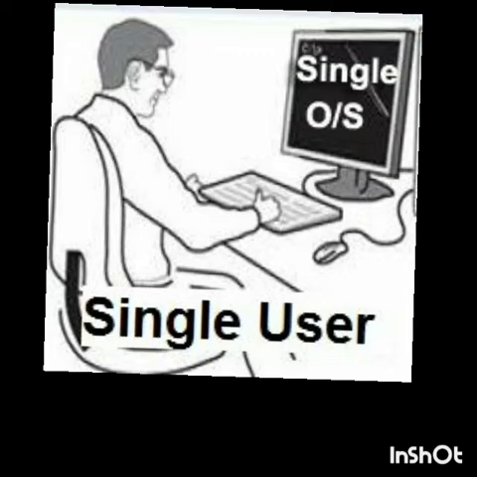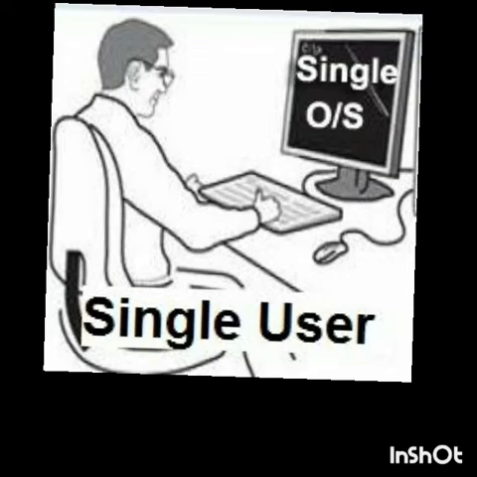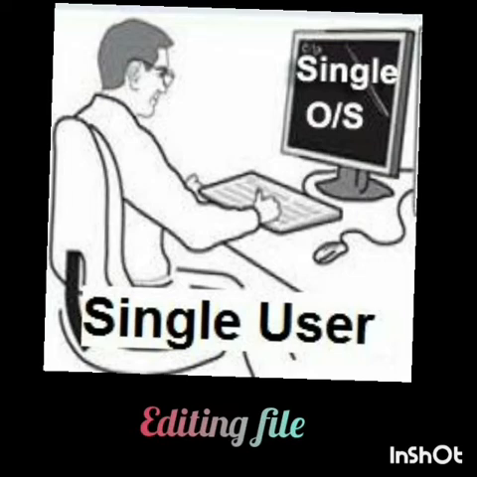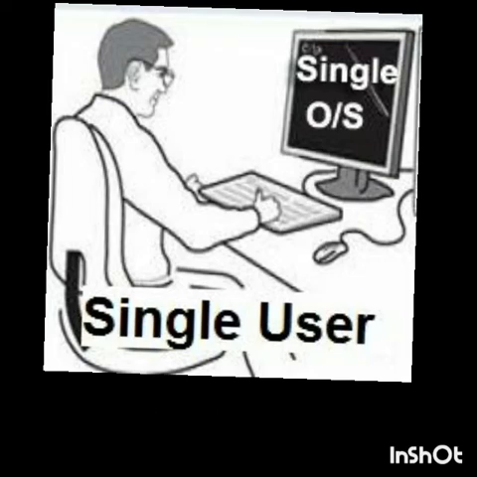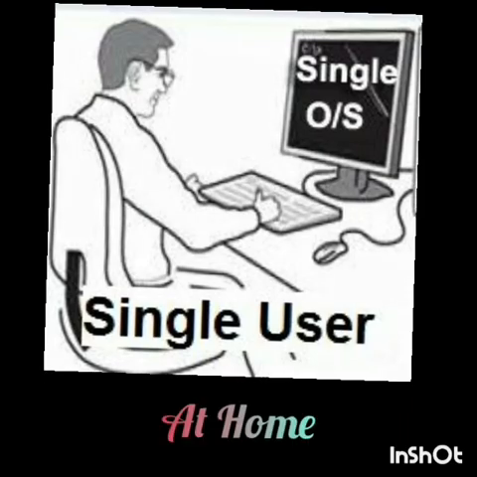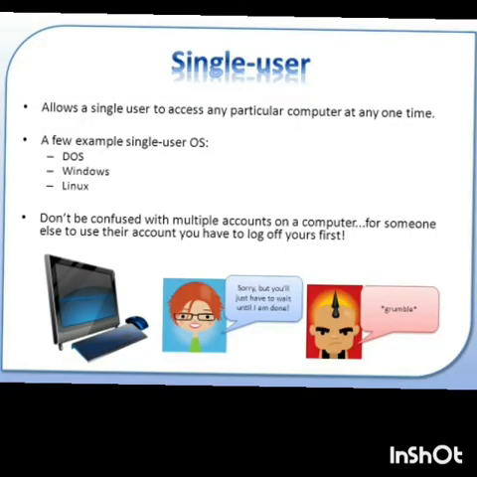For a user, a task is a function such as printing a document, writing a file, editing a file or downloading a file, etc. Single user operating systems are usually meant for use at home. An example of a single user operating system is MS-DOS.